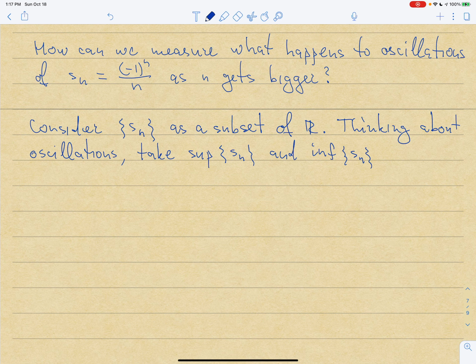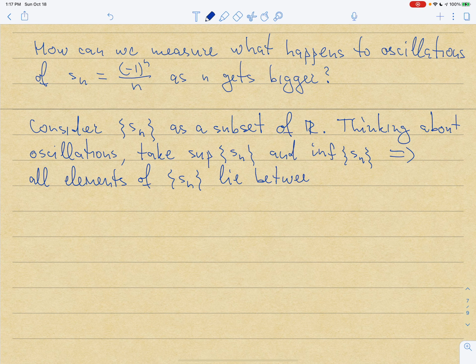Then all elements of Sn lie between inf Sn and sup Sn.